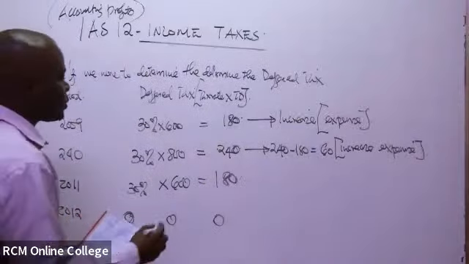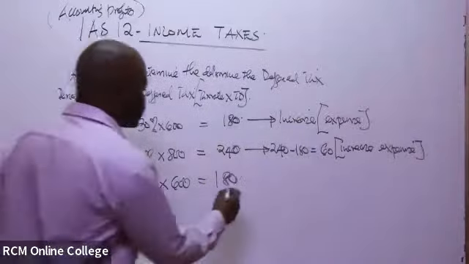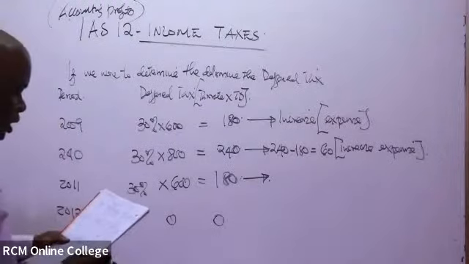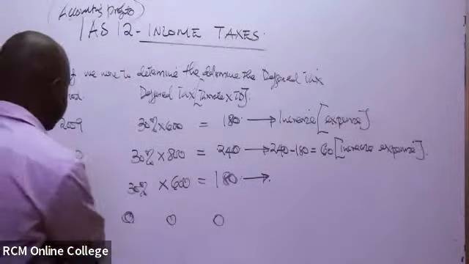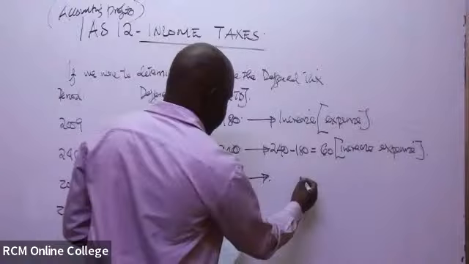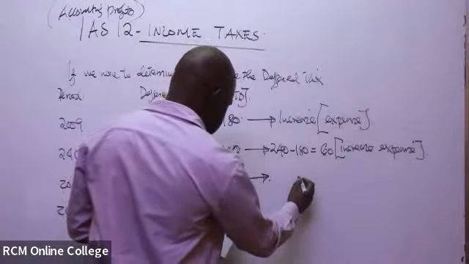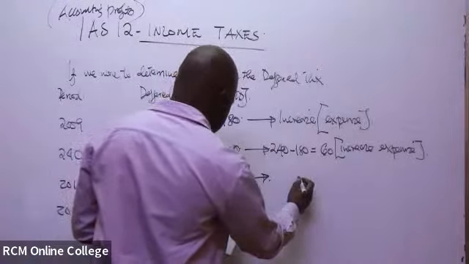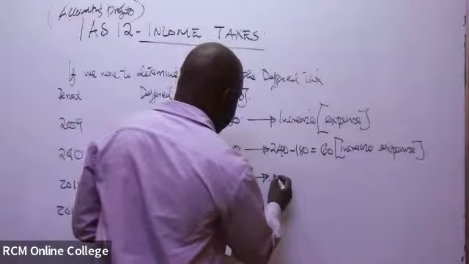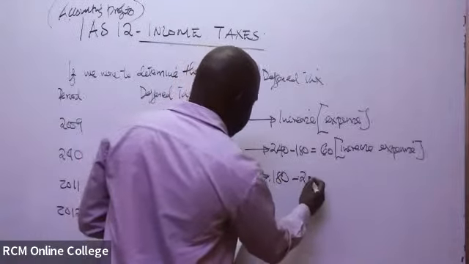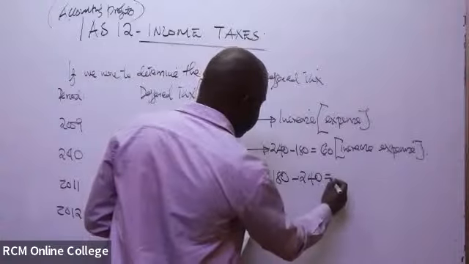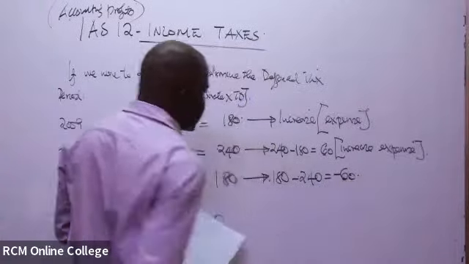But now you can see the opposite is happening here. What happened is that by the end of the year 2011, you had 180. But at the start of the year, you had 240. So it brings you a negative of 60.